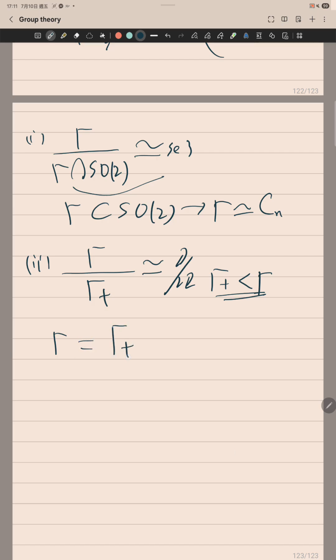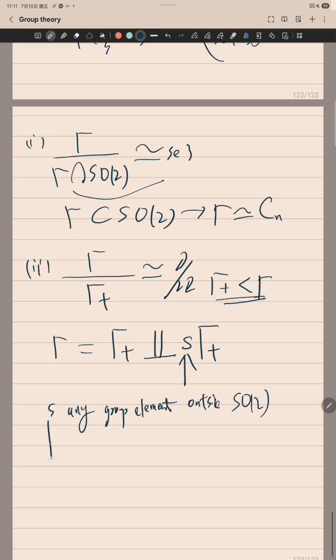Gamma can be written as gamma plus, disjoint union S gamma plus. Here S is any group element which is outside SO2, so S is some element in O2 minus SO2. So this S will just be some reflection.